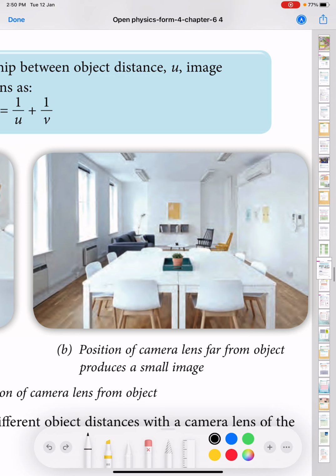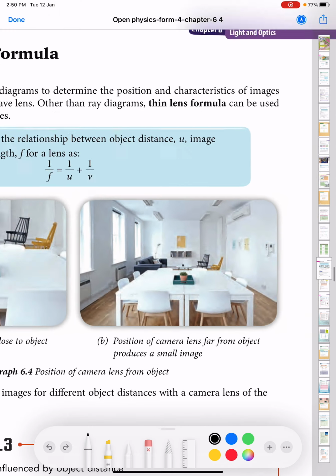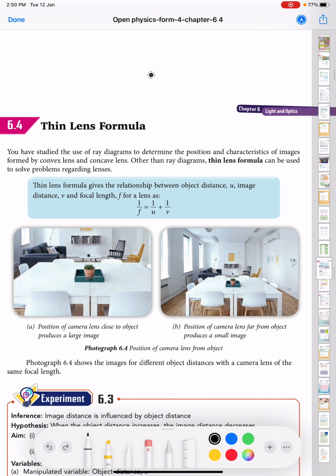For the second one, you have a smaller image compared to the first one. Why do you have these two different images? I know all of you have experience using a camera. You know how to produce a bigger image compared to the other one. This is because of where you position your camera.